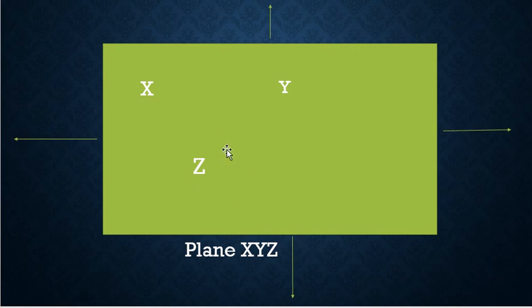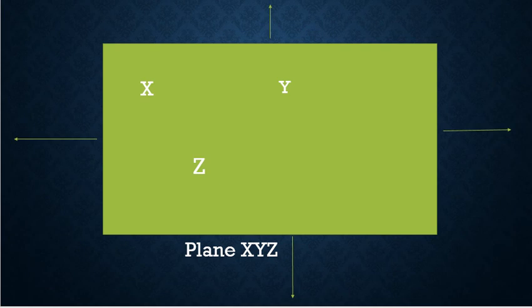In mathematics, a plane goes on and on in all directions, in this direction also, in this and this, endlessly. So we can call it plane XYZ. We can also represent this plane with a small letter, or we can write plane P if we give it a name, a letter.